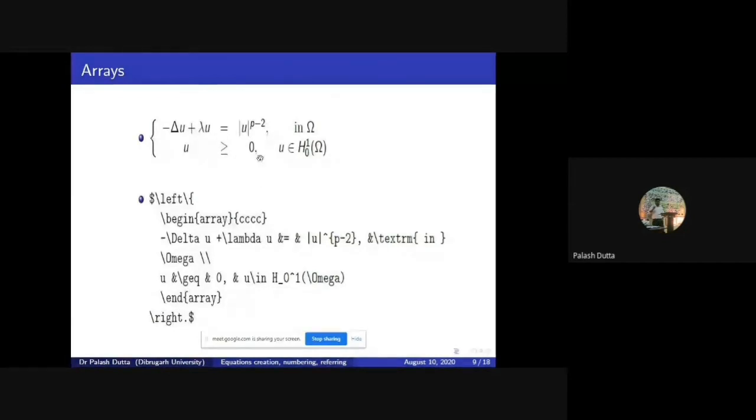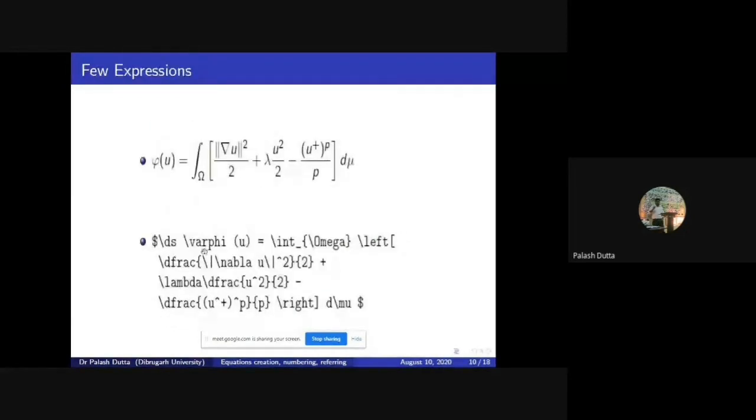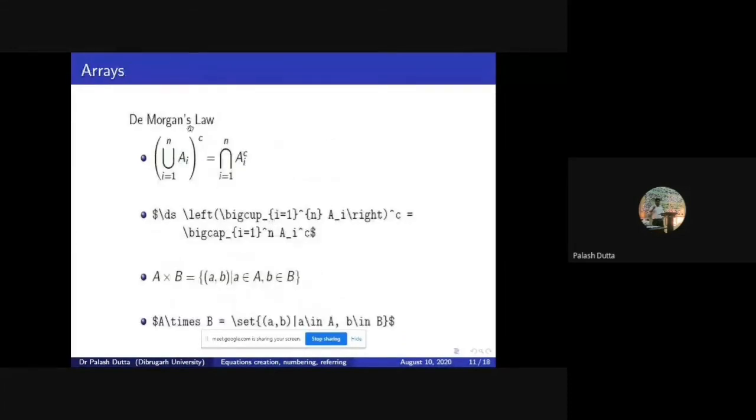Similarly, for this expression, the command will be the dismiss. We are coming to the practical session, right? Then we can write this De Morgan law. See, the complement of the union equals the intersection of the complements, right? So to write this simply, use dollar, then left parenthesis, big cup.